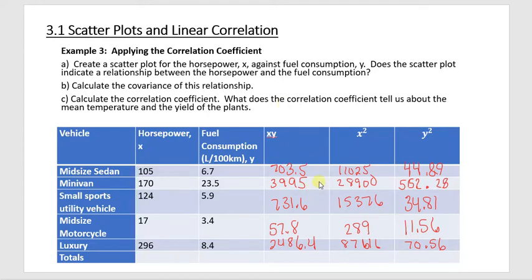Okay, so I multiplied all the XYs and I got these numbers, the X squareds and the Y squareds. So now I'm going to go down every single column and add up all the numbers. The sum of the X's, I get 712. The sum of the Y's, I get 47.9.